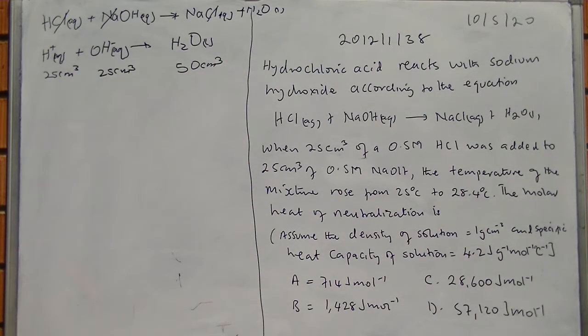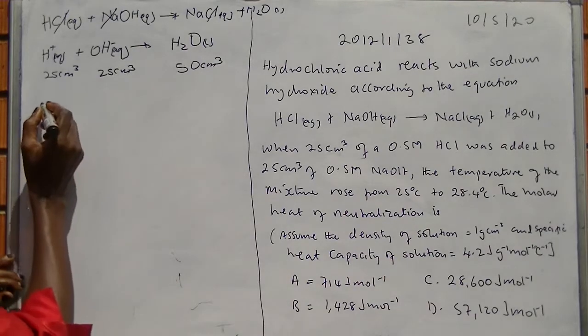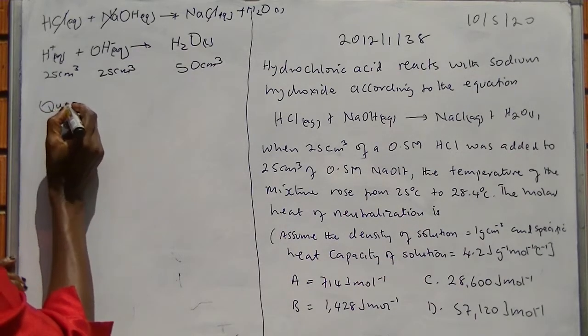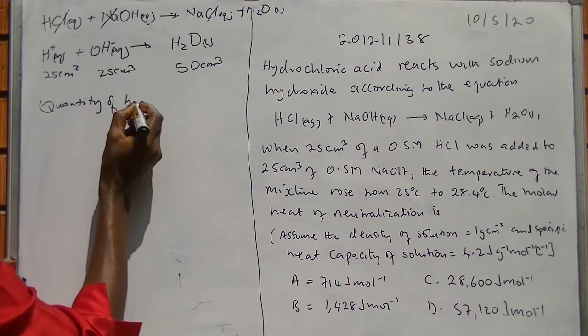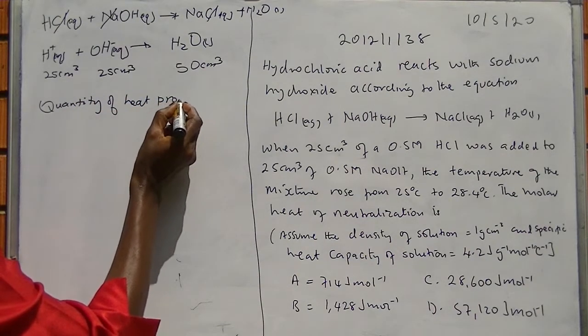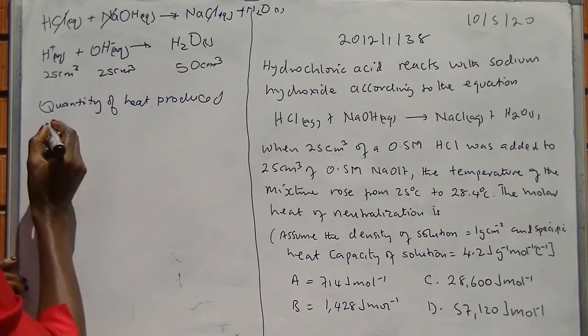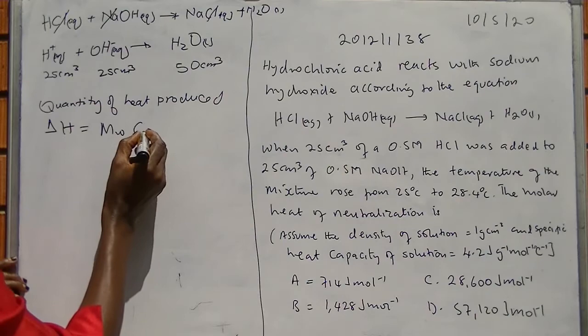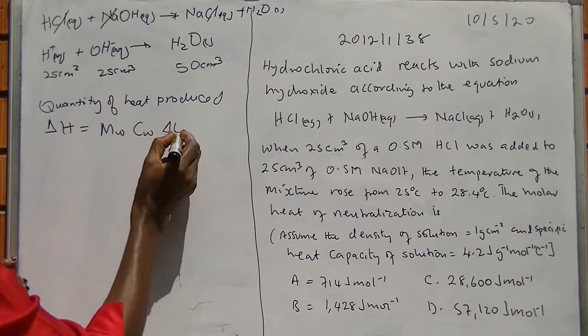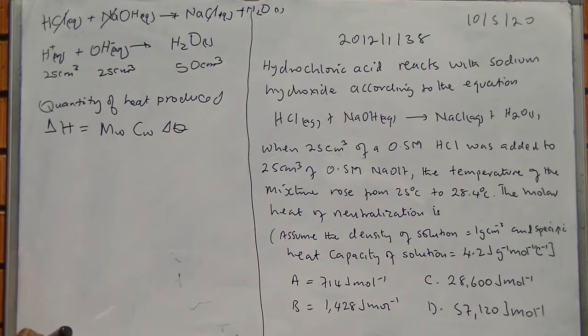Before we get the molar heat of neutralization, we have to get the quantity of heat produced. So quantity of heat produced, the letter H, is equal to mass of water times specific heat capacity times change in temperature, or mass of the solution times specific heat capacity of the solution times change in temperature.